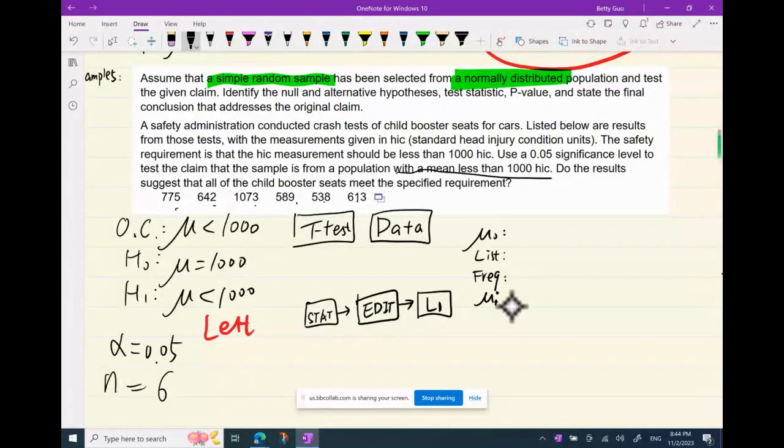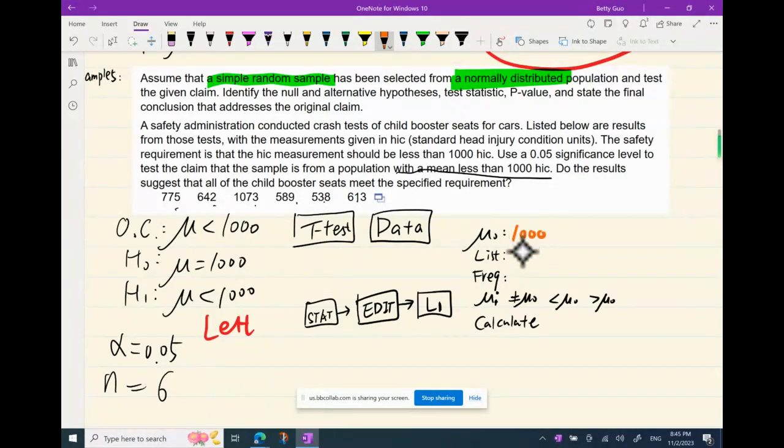The type is two-tailed, left tail, or right tail, and then calculate. So our mu_0 is 1000, from the claim.